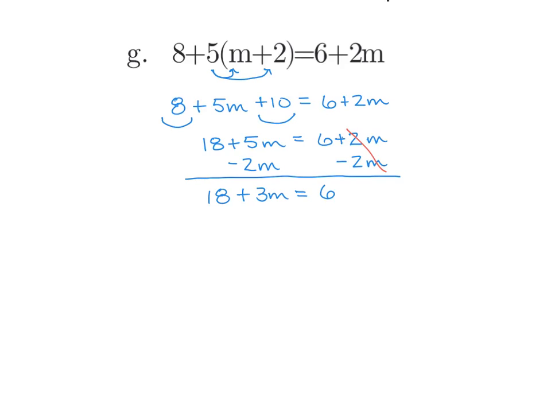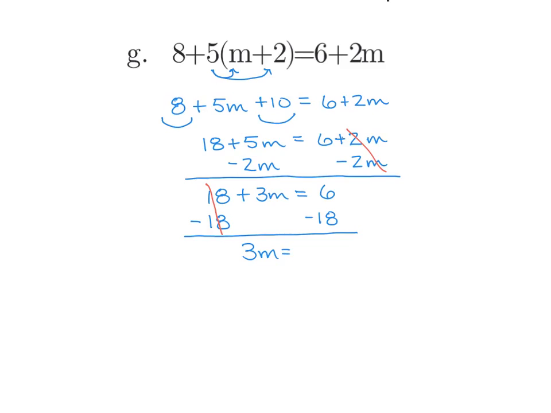Since all of my variables are on the left, I want to move all of my constants to the right. So I'm going to subtract 18 from both sides. On the left, my 18's cancel. I am left with 3m.